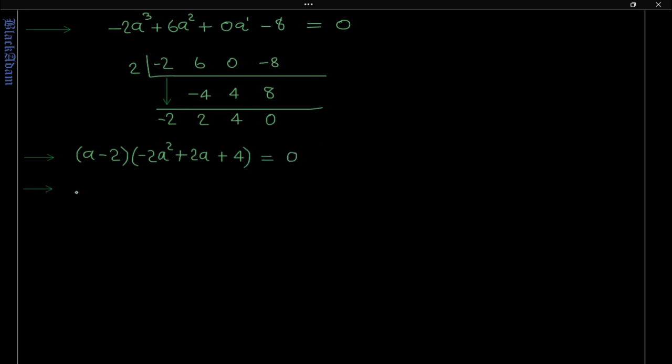Then from there we have to factorize. If you can factorize, you can go straight and factorize. Negative 2 times 4 is negative 8, so we need the factors of negative 8. So it's a minus 2 bracket, negative 2a plus 4a minus 2a plus 4, all that equals 0.